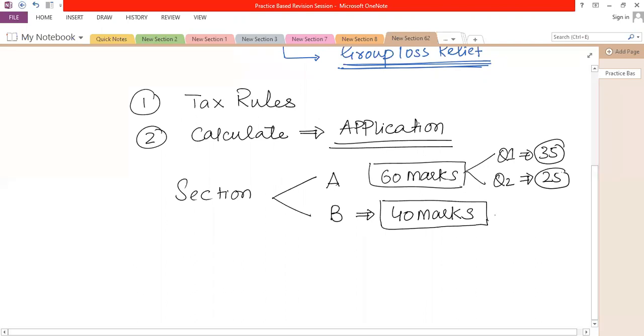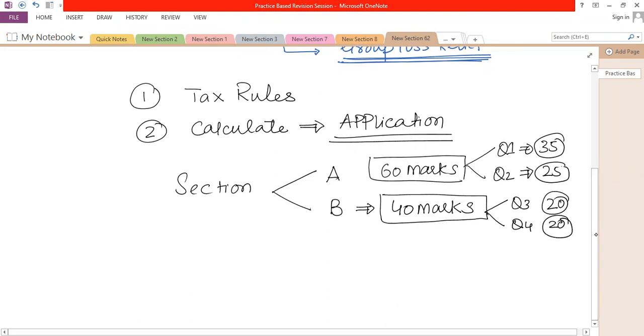But as far as section B is concerned, question number 3 and question number 4 worth 20 marks. So in terms of the information, it is very easy to handle section B, question number 3 and question number 4. And there will be always few issues in section B type of question, and there are many issues in section A type question.